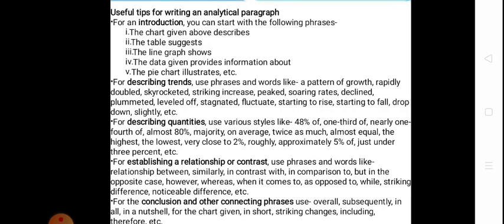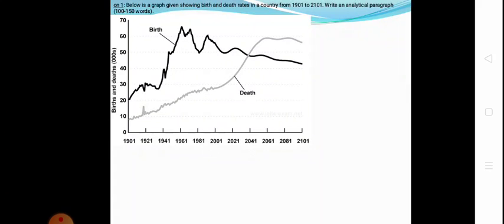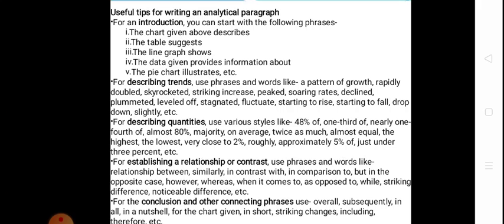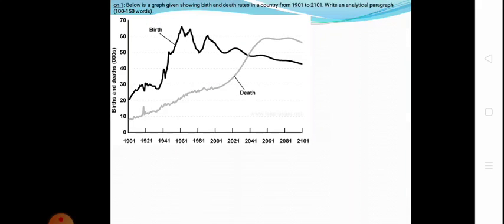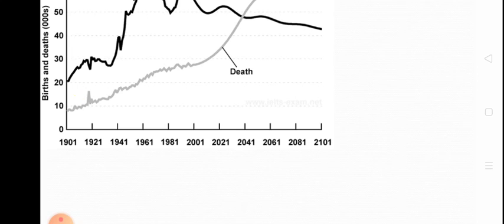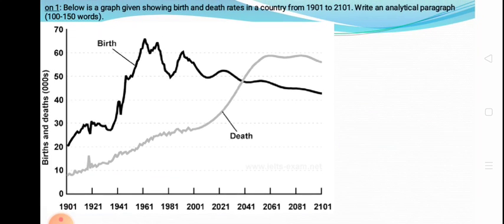Now, let us discuss in what way the question will be given in our examination. That is more important. So, dear students, as you can see on the screen, this question is based on an analytical paragraph.